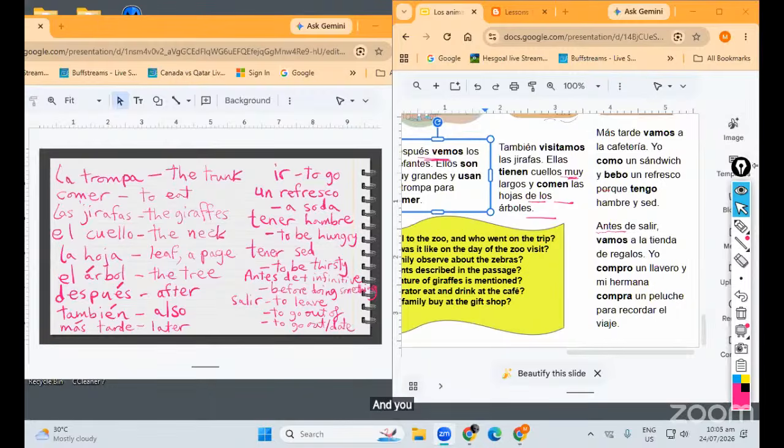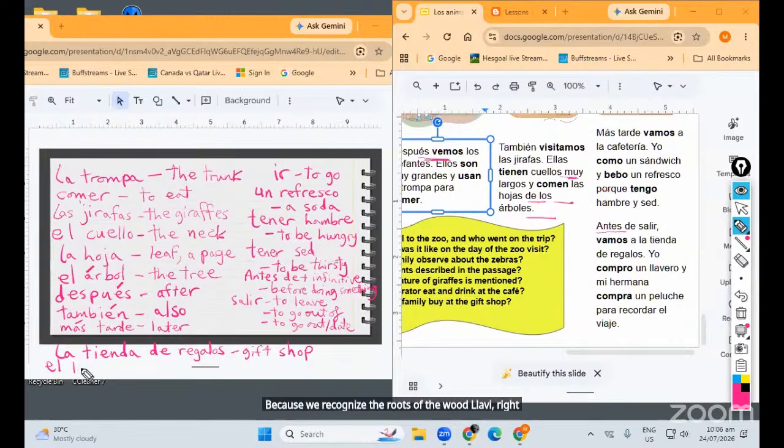All right, so I'm going over here now to fit everything on this one piece that I will screenshot. La tienda de regalos, gift shop, right? We also learned here llavero for keychain because we recognize the root of the word, L-L-A-V-E for key, right?